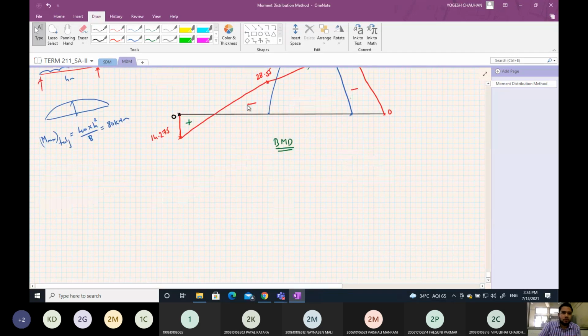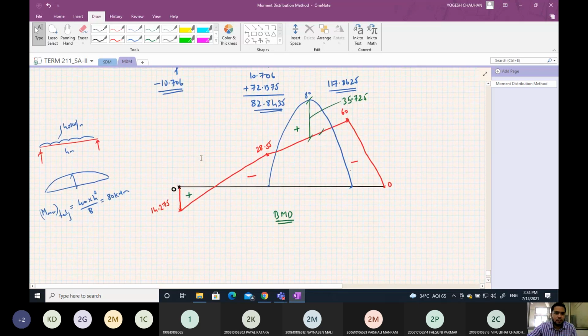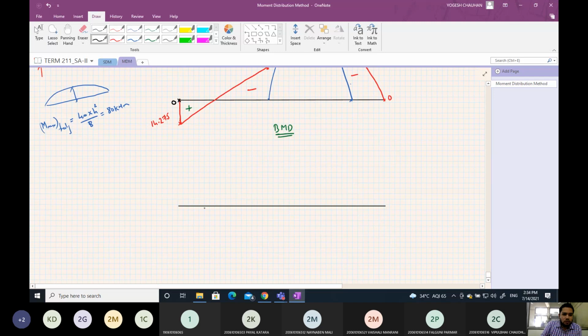Now we draw the shear force diagram. Simply follow the load. It is minus 10.706, so downward. Our sign convention for this is clockwise as positive; for the bending moment, sagging is positive.